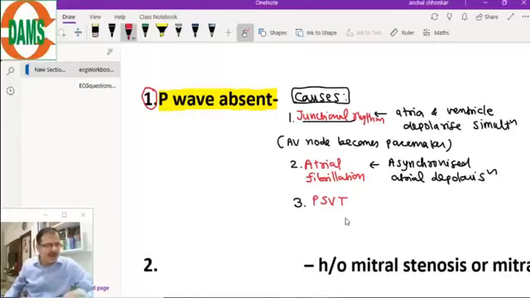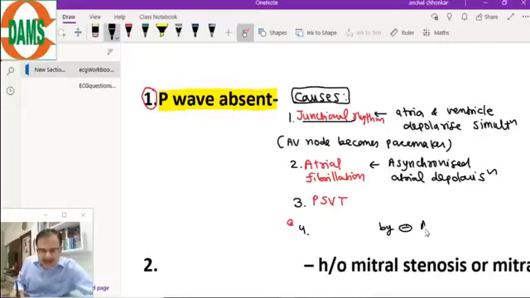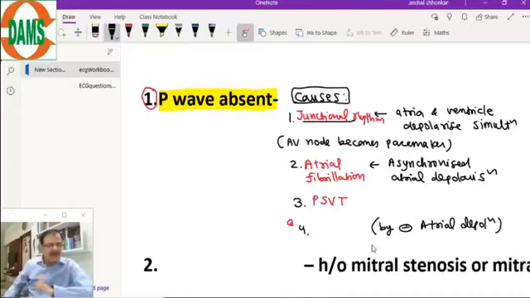Now number 4, and very important indeed, questions come on this 4th cause. The 4th cause is electrolyte imbalance, which inhibits atrial depolarization. So by inhibiting atrial depolarization, obviously the P wave will become less in amplitude and ultimately disappear.